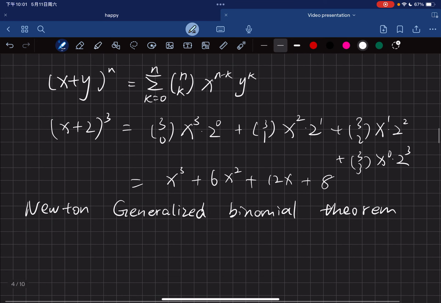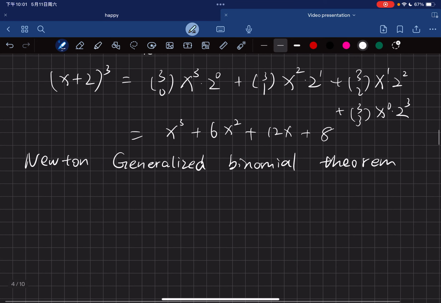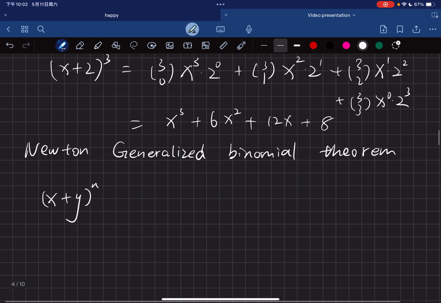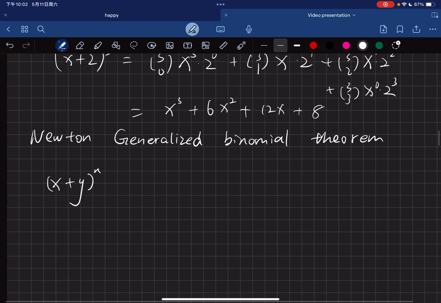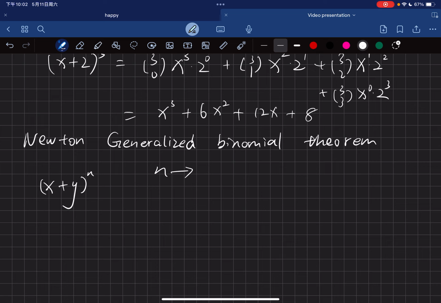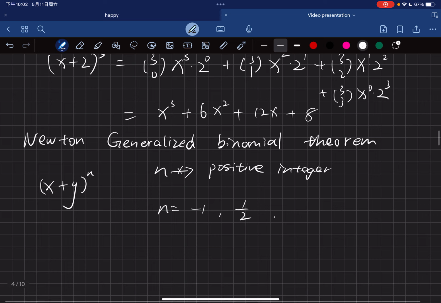For x plus y to the power of n, the situation is when n is not necessarily a positive integer. It could be like -1, or 1/2, or even a complex number i.